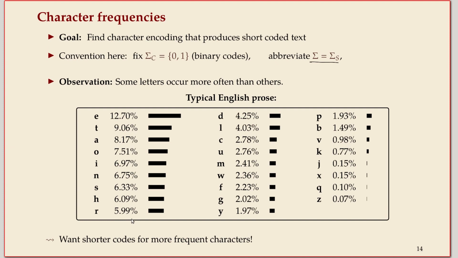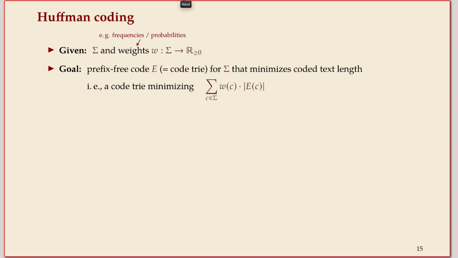So there's really a good bit of uneven distribution in the character frequencies. Huffman coding is a very, very structured way to exploit exactly this.